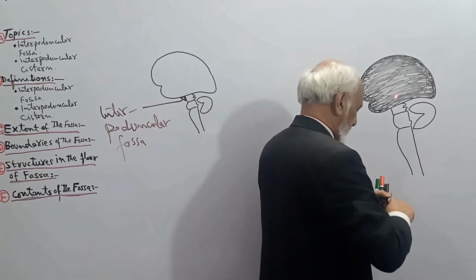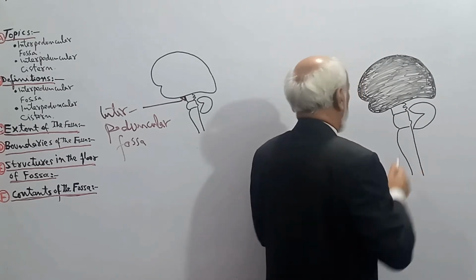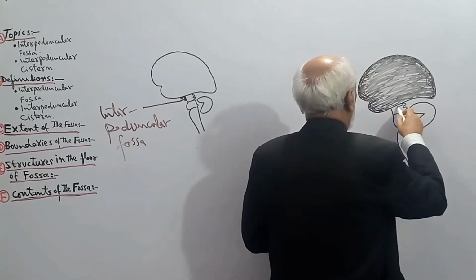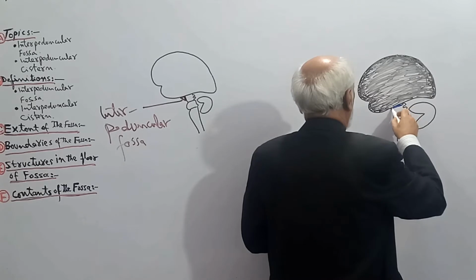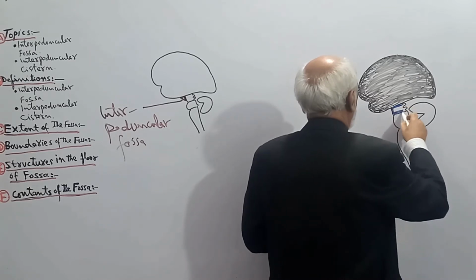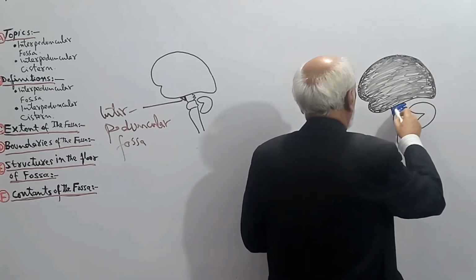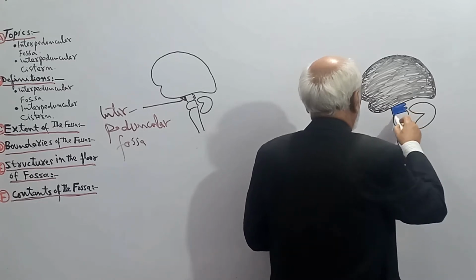Supralateral surface of the cerebrum, then lateral aspect of the midbrain, and then below the midbrain is the pons.